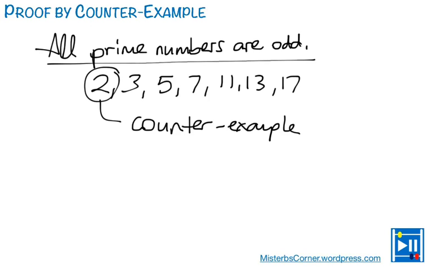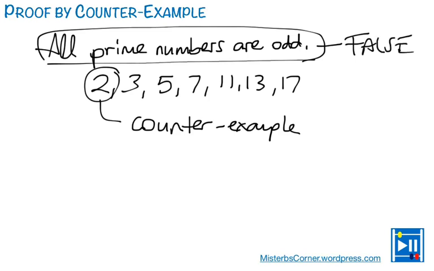So 2 is not an odd number, although it's prime. So this statement either must change or we can just consider this to be false. So we prove or disprove statements by using counterexamples.